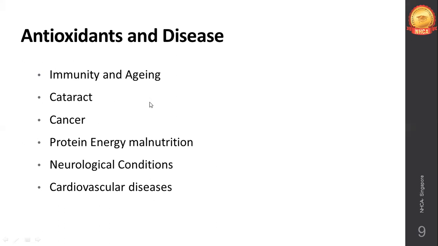But over a period of time, if you are not incorporating antioxidants in your diet, you will lose the glutathione present in your eyes, and there is nothing left to defend them from free radical damage. That's how you get cataract. The transparency of the lens is lost over time.